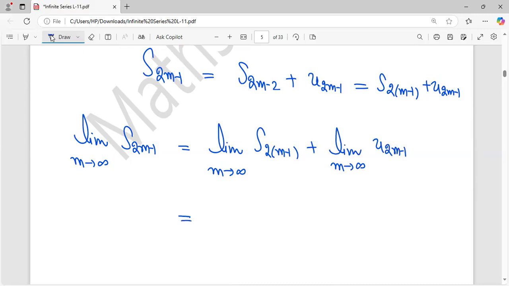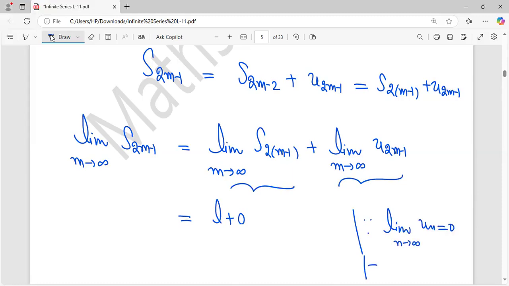So this is L and this is 0, because the limit as n tending to infinity of u_n is 0. This implies the limit of u_2m minus 1 is also 0.